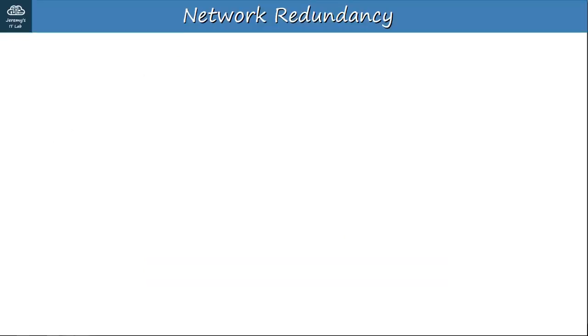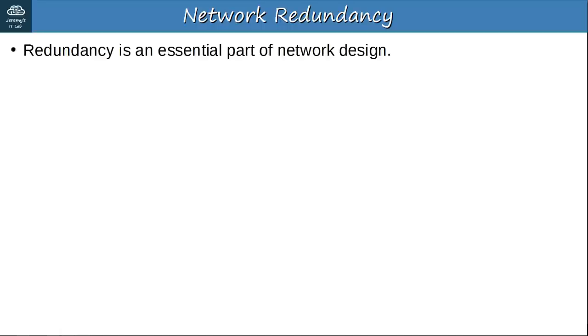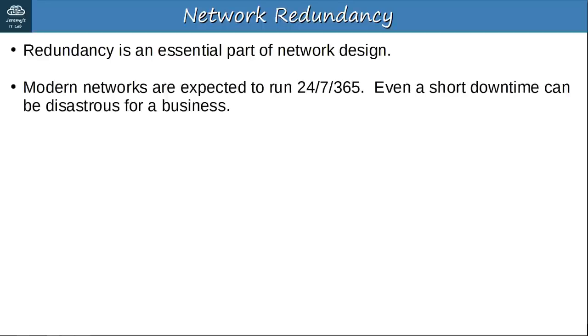Okay, let's get started. First, just a few points about redundancy in networks. Redundancy is an essential part of network design. A network that is not redundant is simply not acceptable. Modern networks are expected to run 24 hours a day, 7 days a week, 365 days a year. Even a short downtime can be disastrous for a business. Imagine if Amazon's network went down for an hour.